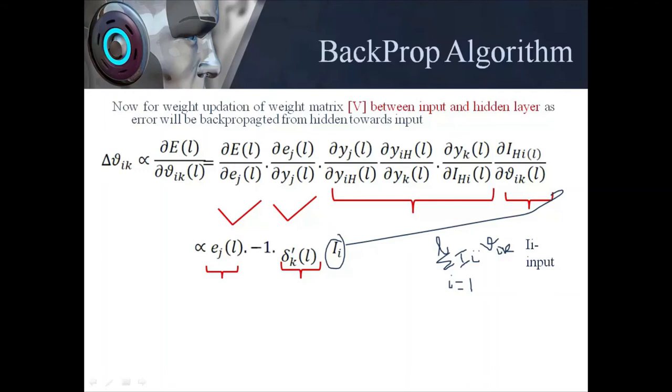Okay, so if I take the partial derivative of this with respect to this Vik, what I am left with is the input only.